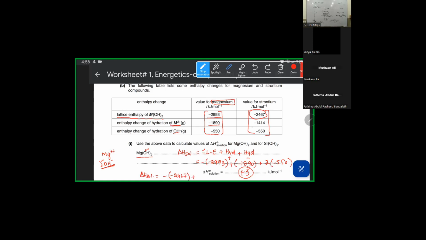So positive ion is this one, minus 1414, and then plus strontium hydroxide contains the two hydroxide ions. So 2 times this is also minus 550. So if you solve it, you will get the answer minus 47. Yes, I got minus 47. I forgot to put the minus before the lattice energy.